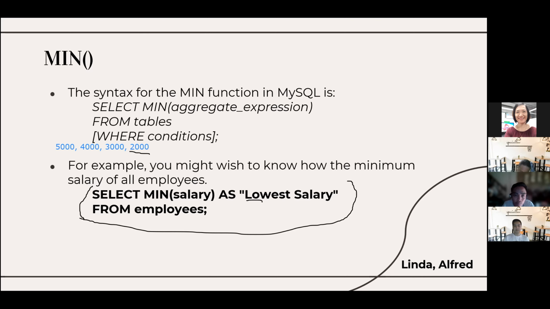What it'll show is lowest 2,000. This will be the output if we use this syntax with these values in the salary column.